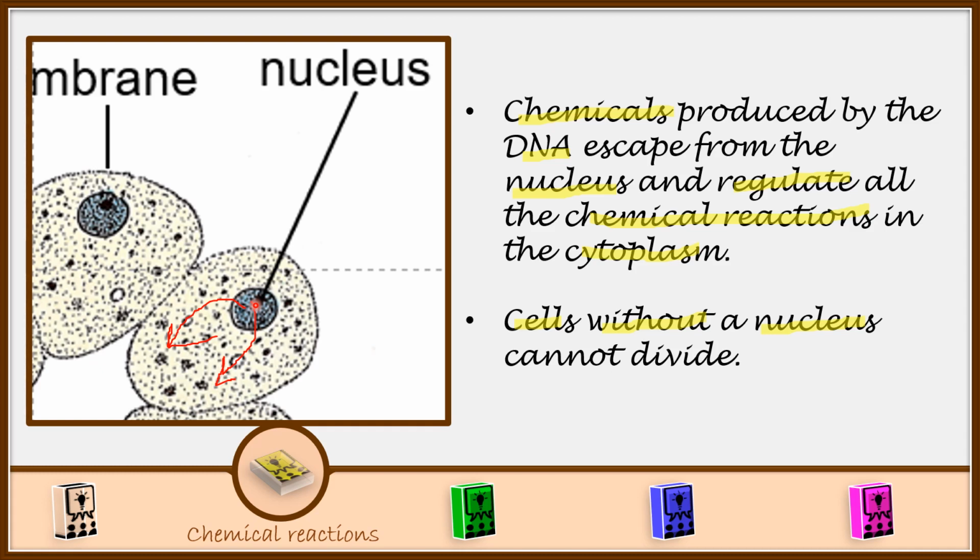We have cells that we know do not have a nucleus, like the red blood cells. So red blood cells do not undergo cell division because they do not have a nucleus.